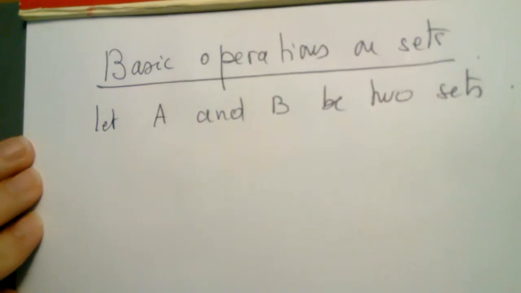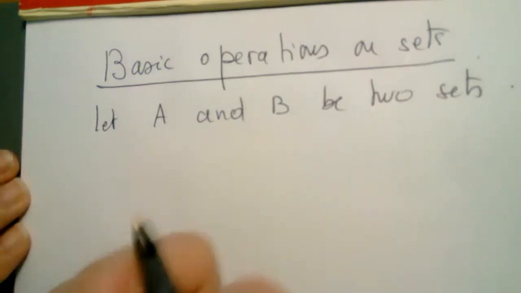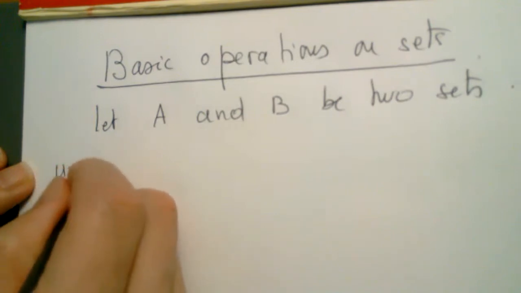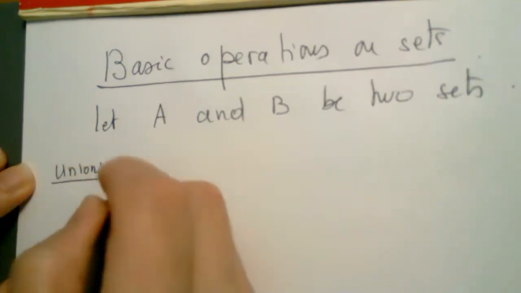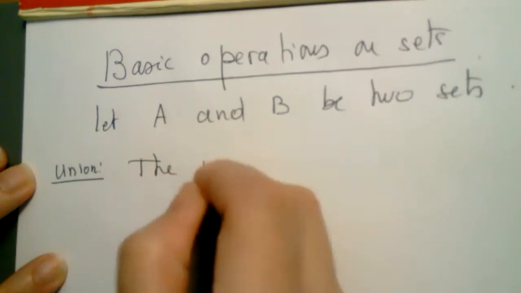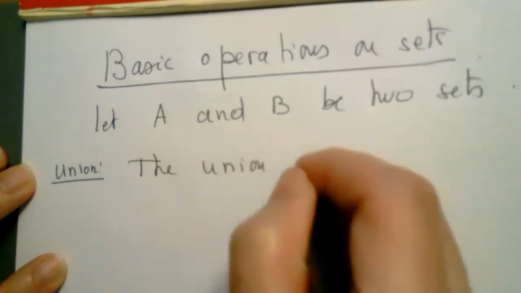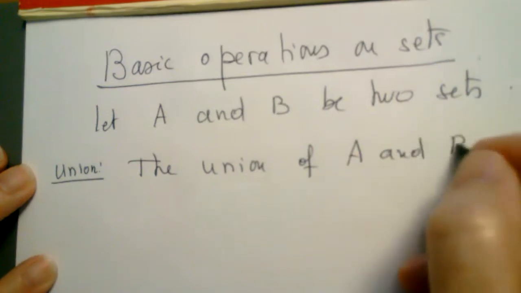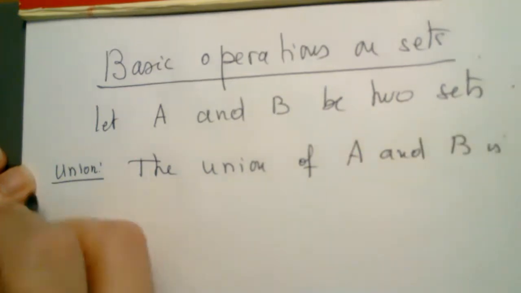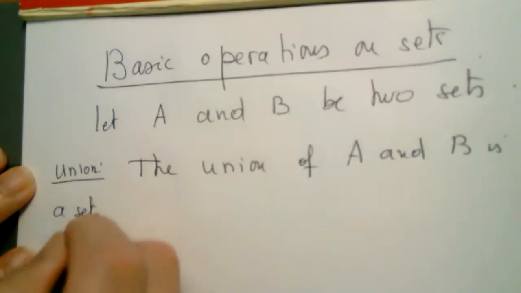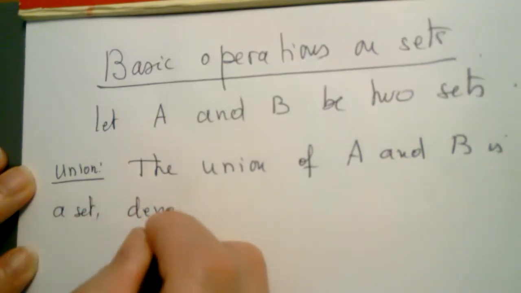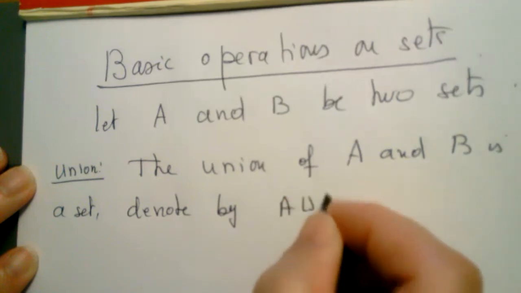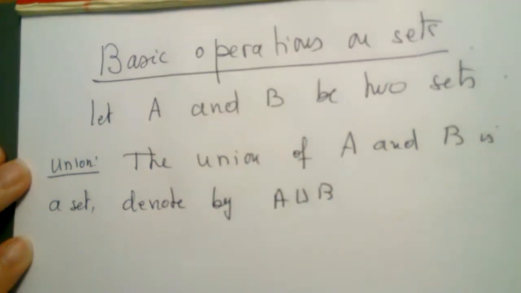Then we take what we call the union of two sets. What is the union? The union of A and B is a new set, which we denote by A union B. We're constructing a new set.